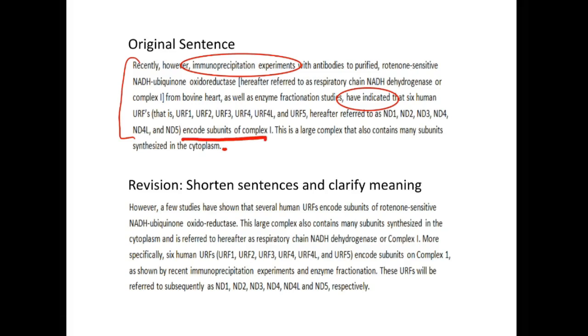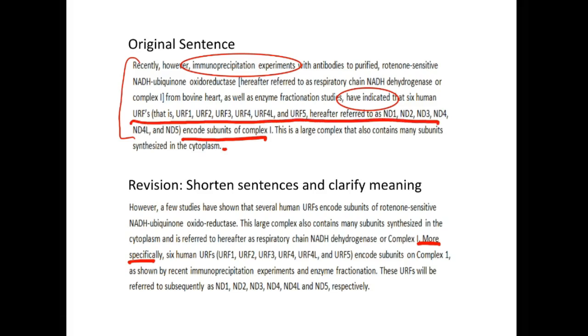So what I've done here is take all of this information that was reduced into one sentence, go through and reorganize it, and start with the larger concepts first and then add the smaller concepts to explain. More specifically, I added a transition expression here, namely the 6 human URFs.